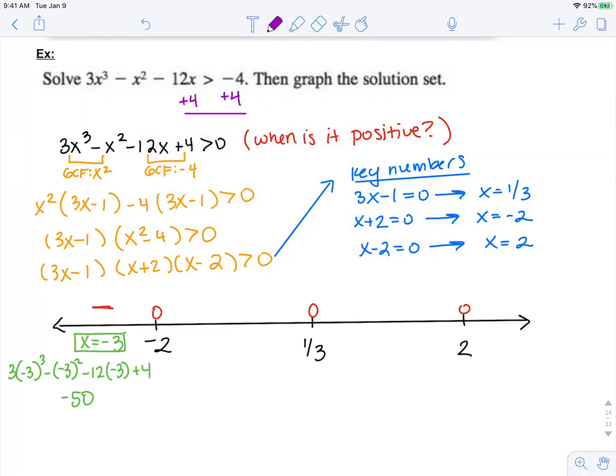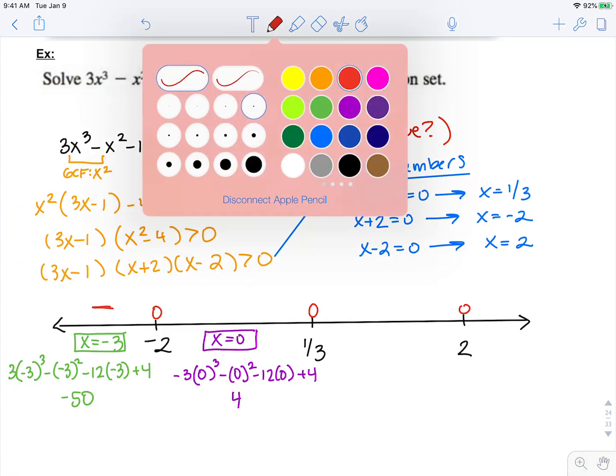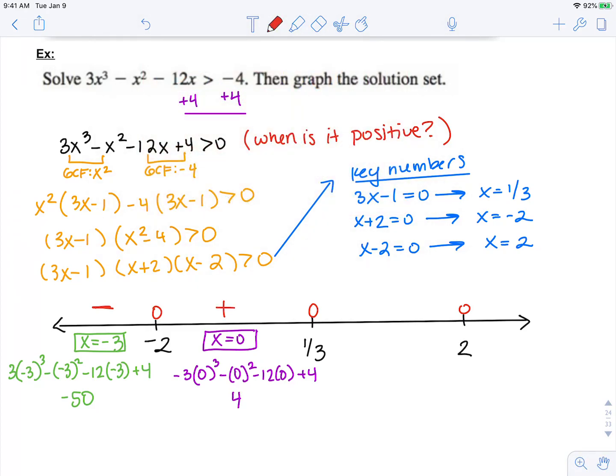In this interval, I can let x equal 0. You could pick whatever you like, right? As long as it falls between -2 and 1/3. So now I have 3 times 0 cubed minus 0 squared minus 12 times 0 plus 4. And that equals 4. So that means my polynomial is positive here.